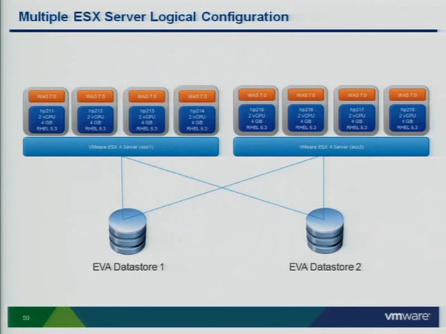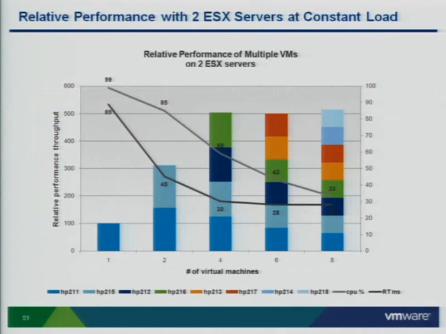This is an 8-core Nehalem processor, the same system, with 2 virtual CPU VMs and 4 VMs running on each box. We are running two ESX servers, and we'll show the performance comparisons when running on multiple ESX servers.